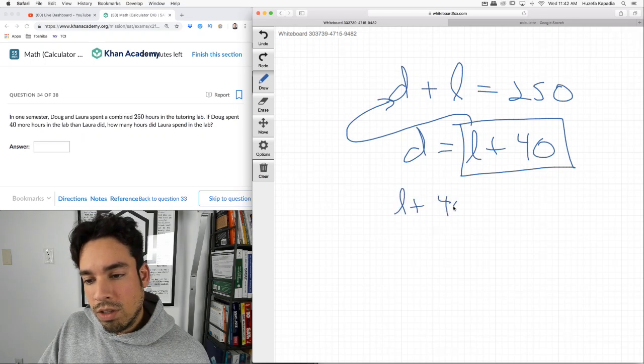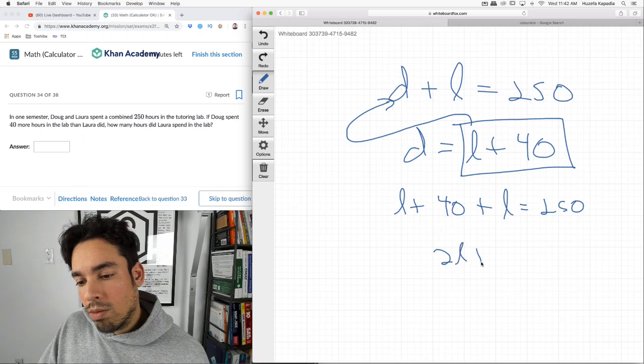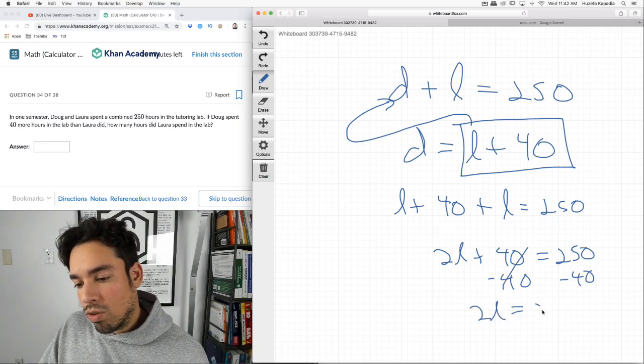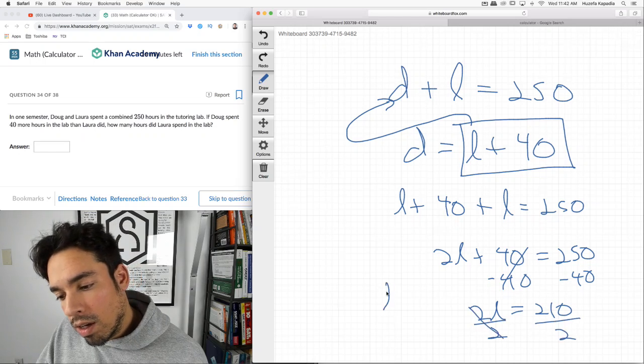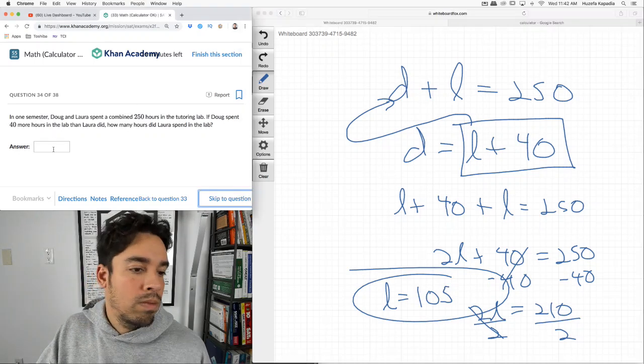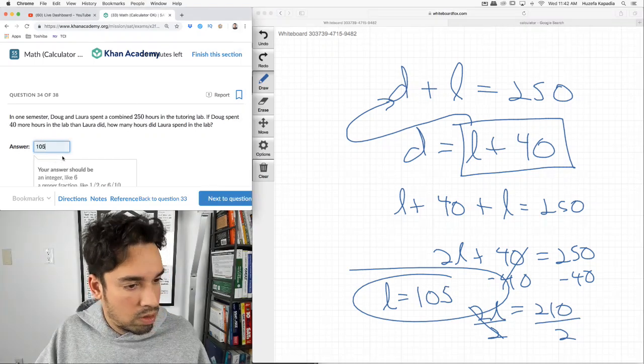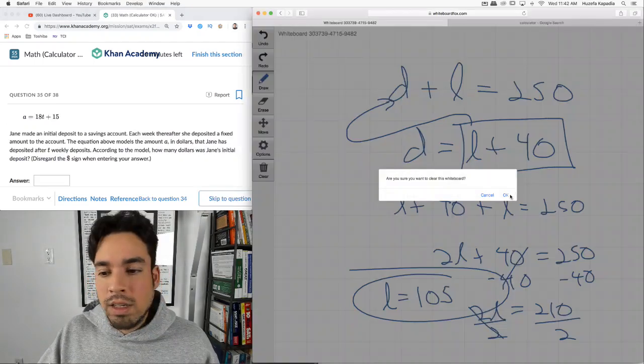L plus 40, just a little substitution, plus L equals 250. 2L plus 40 equals 250. Minus 40, minus 40. 2L equals 210. L equals 105. Boom. Done. Next.